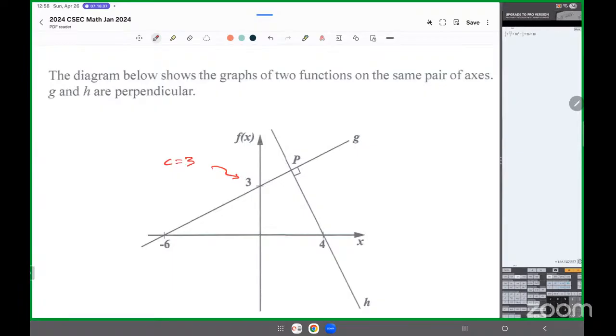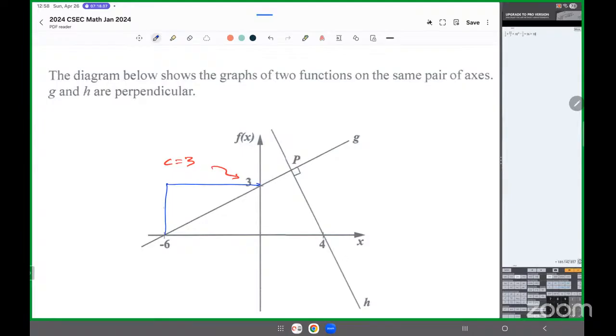They want the gradient. You can use this point to this point to get the gradient. Let's count it off. To go from here to here, you have to rise up here, and then run across here.